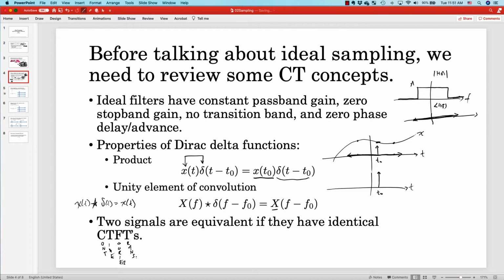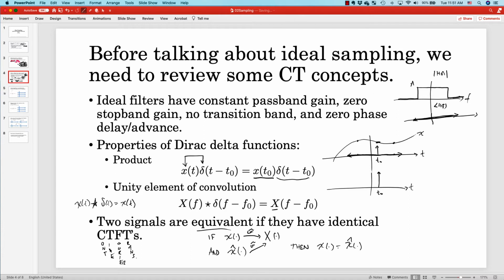If little x in the time domain gets mapped by the Fourier transform to, say, big X, and some other time domain signal, call it x hat, also gets mapped with the Fourier transform to big X, then we say that little x and little x hat are equivalent.